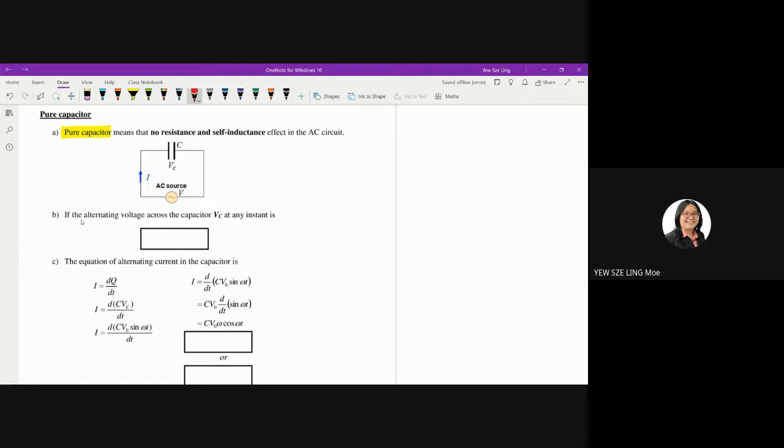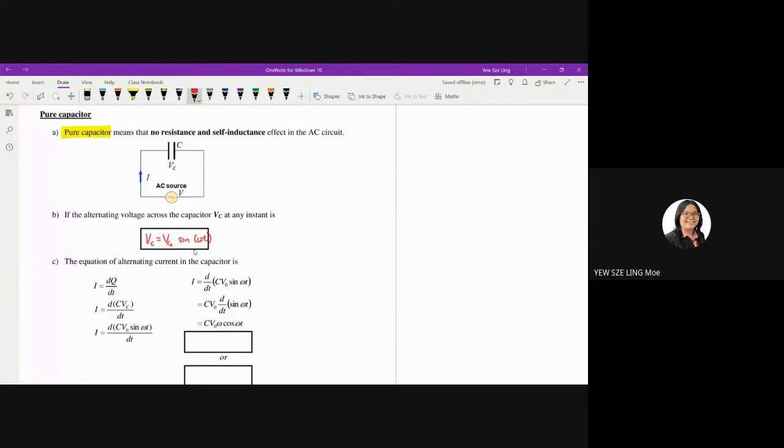If you have an alternating voltage across the capacitor at any instant, then the value can be calculated by using VC equals VC peak value sine omega t.